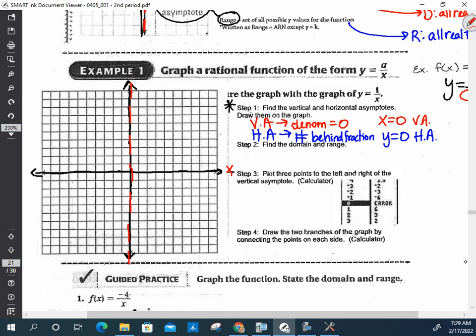My line is a dotted red line, using colors to illustrate each part. If you want to draw a solid line, I could care less. Now the horizontal line: go to your y-axis, find y equals 0, and draw your horizontal line.